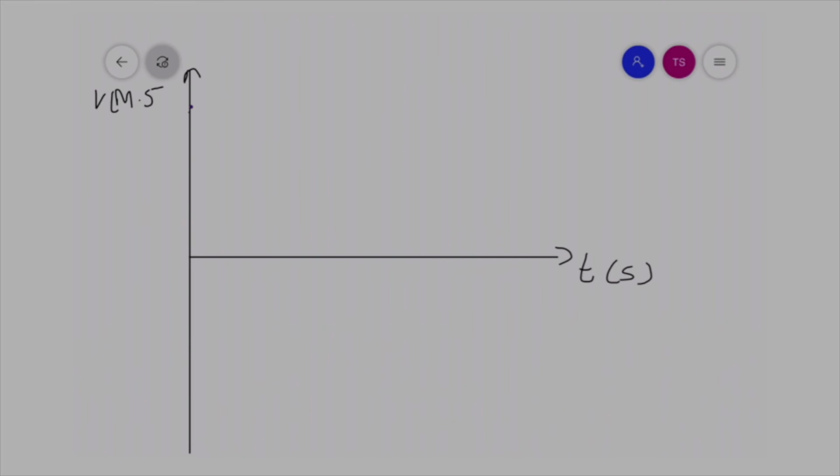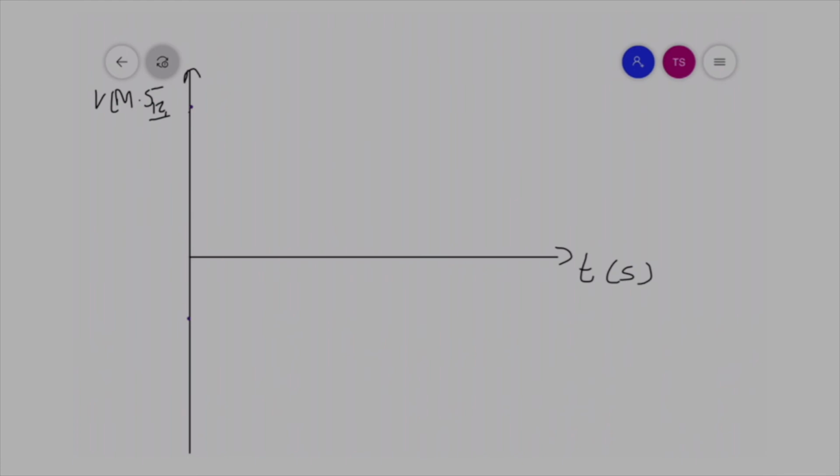And then we know stone B to be 5.9 meters per second. Now, why do I plot stone B here? Remember, it's positive 12 meters per second because it starts to go down, right?